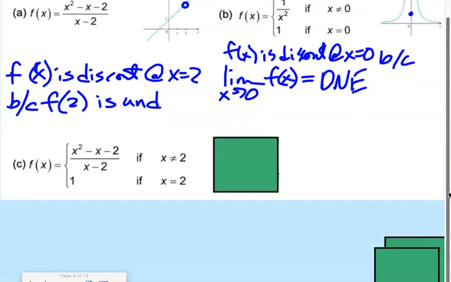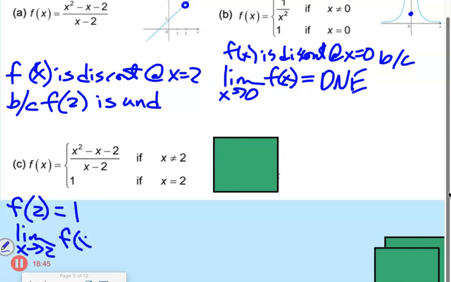So, Kirthana, what x value did you focus on for letter C? 2. So we know it's going to be discontinuous at 2. I'm going to walk through. Let's just, for the heck of it, what's f of 2? f of 2 is 1. So if we were going to do the limit as x approaches 2, would we be using the top or the bottom?